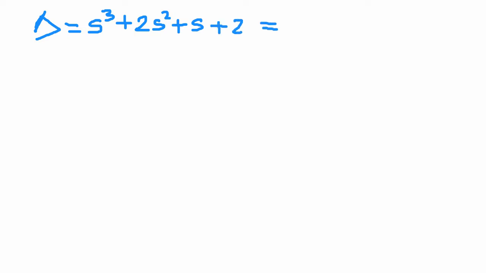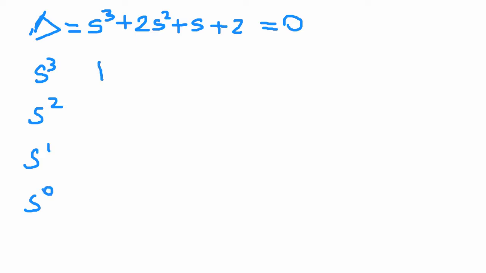If delta is equal to s to power 3 plus 2s squared plus s plus 2, where delta is the denominator of the transfer function, and you use the Routh criterion: s to power 3, s squared, s1, s0.